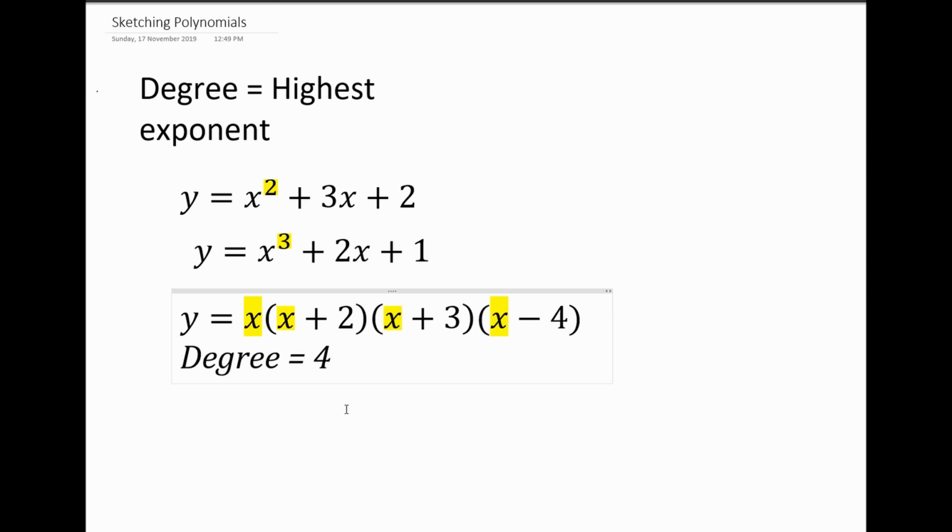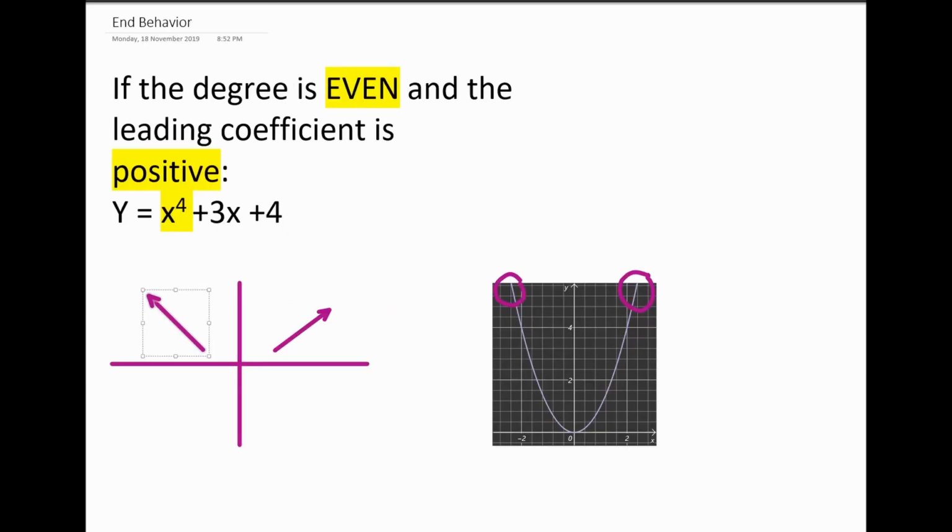So once we know the degree of our function, we can determine the end behavior. If the degree is even and the leading coefficient is positive, in this example, we have y is equal to x to the 4 plus 3x plus 4. You can see here that the degree is 4 and the leading coefficient is positive 1.